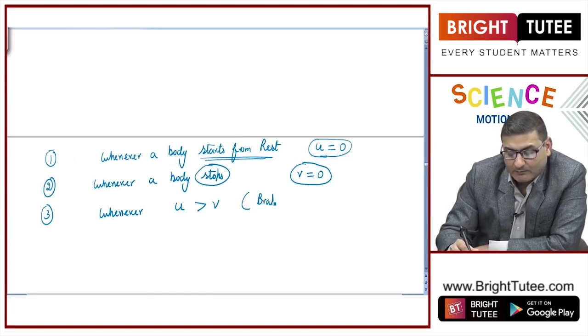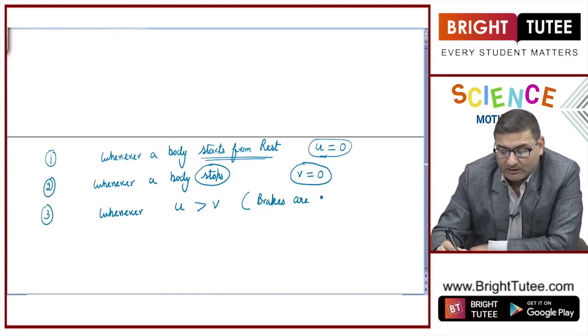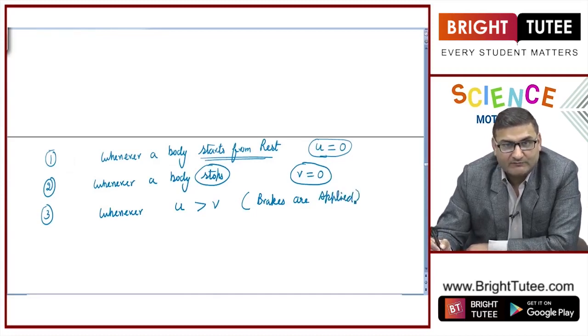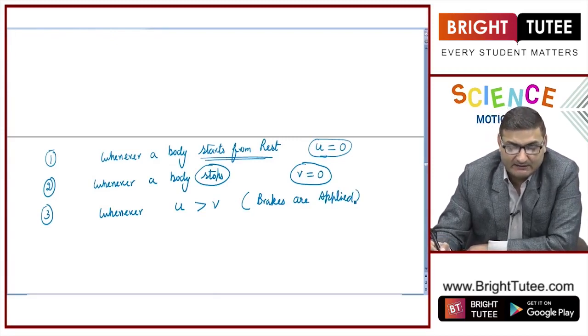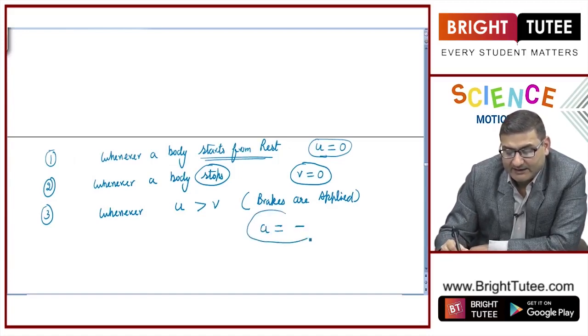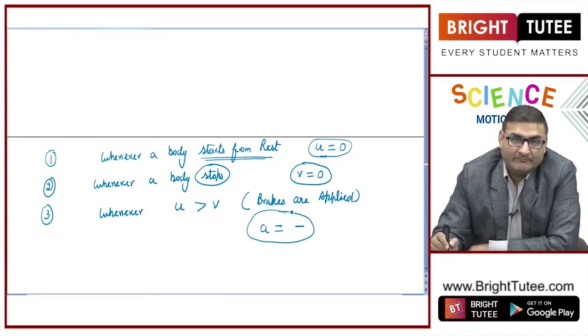Whenever some opposing force is placed, or whenever brakes are applied to this particular object. So, whenever initial velocity is greater than final velocity, we will always take acceleration to be negative. Why? Because now the body is retarding, the body is slowing down.